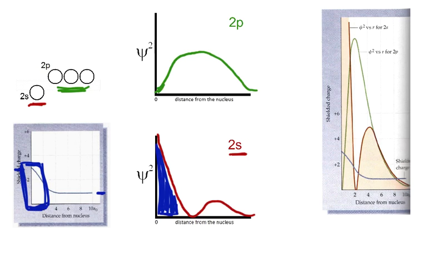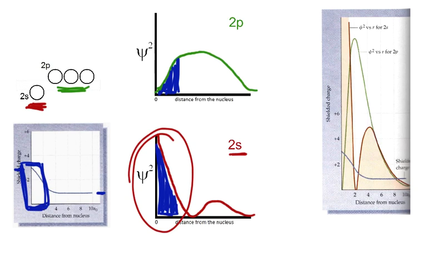For that same idea with a 2p orbital, they spend their time on average farther from the nucleus, so they don't get to feel that +2 or +3 charge. So what happens is, in the 2s orbital, because the electrons spend their time close to a high positive charge, they're held more tightly to the nucleus.